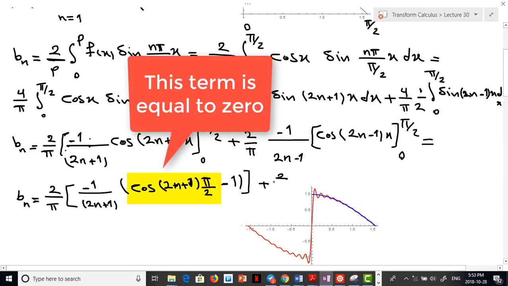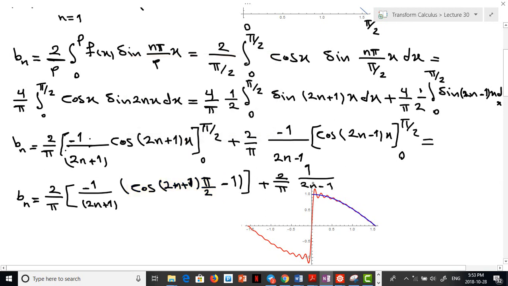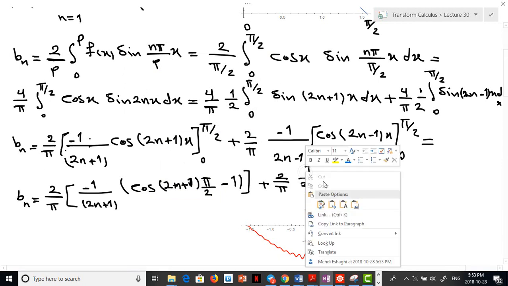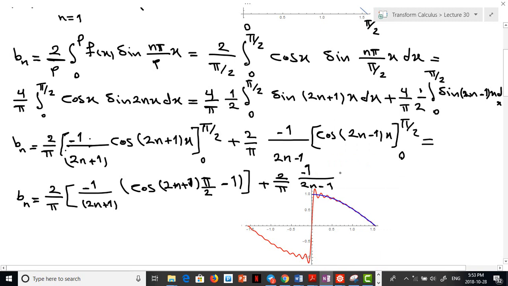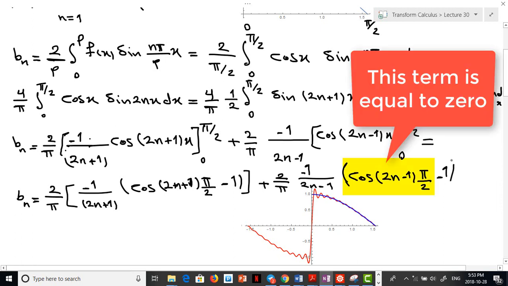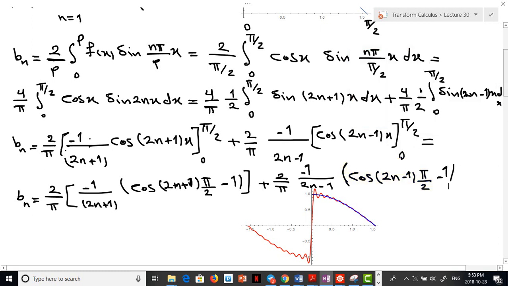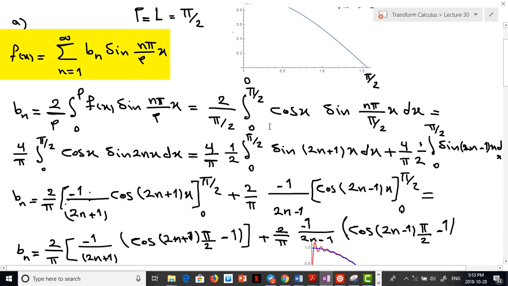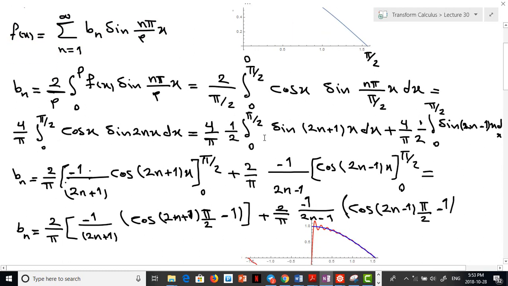Plus 2 over pi times 1 over (2n minus 1), with a minus sign. Applying the upper limit, we have cosine of (2n minus 1) pi over 2, and applying the lower limit, we have 1. So we could find bn. Now you can easily plug it in this series and find the Fourier series of this function.